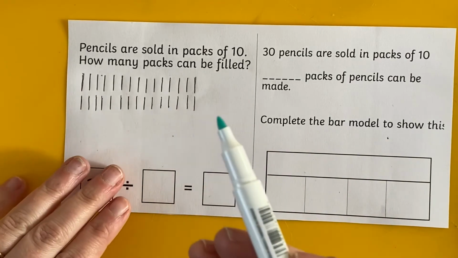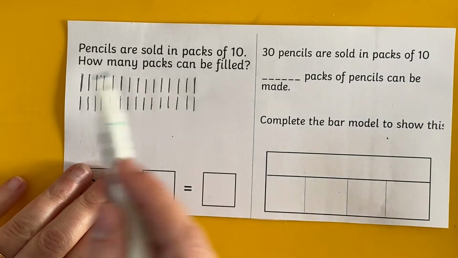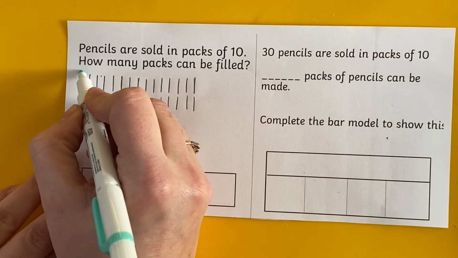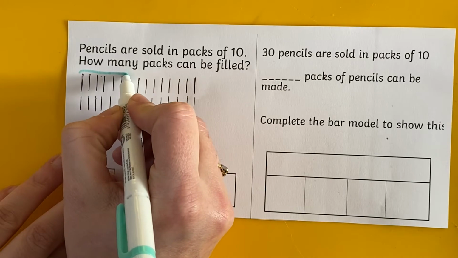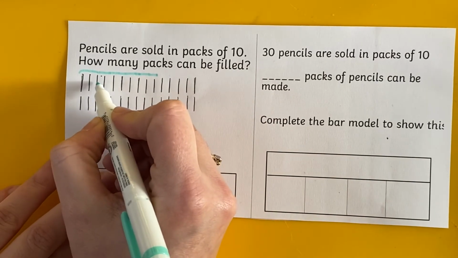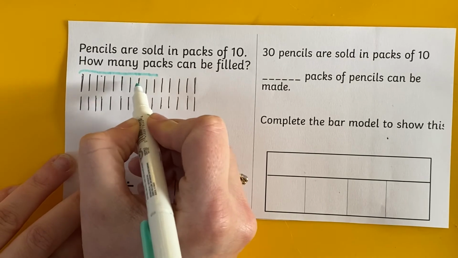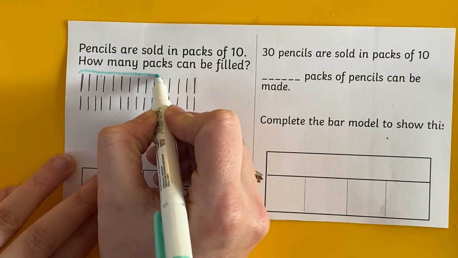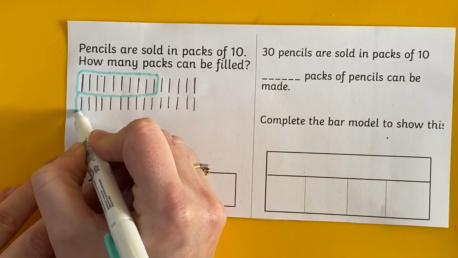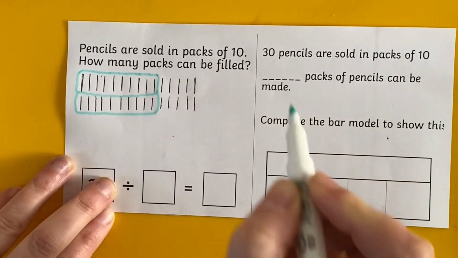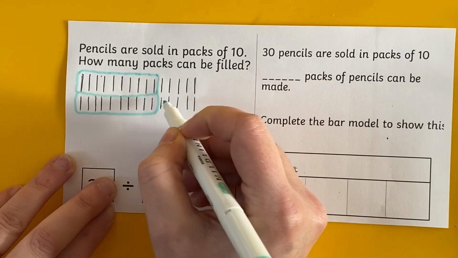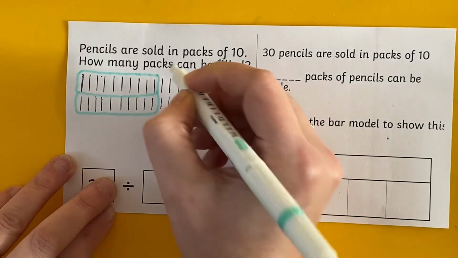I'm going to use a pen so that I can draw the groups myself. 1, 2, 3, 4, 5, 6, 7, 8, 9, 10. That's one group. 1, 2, 3, 4, 5, 6, 7, 8, 9, 10.